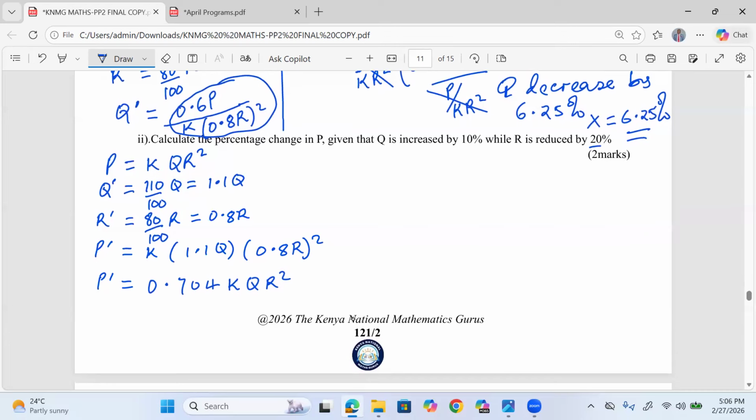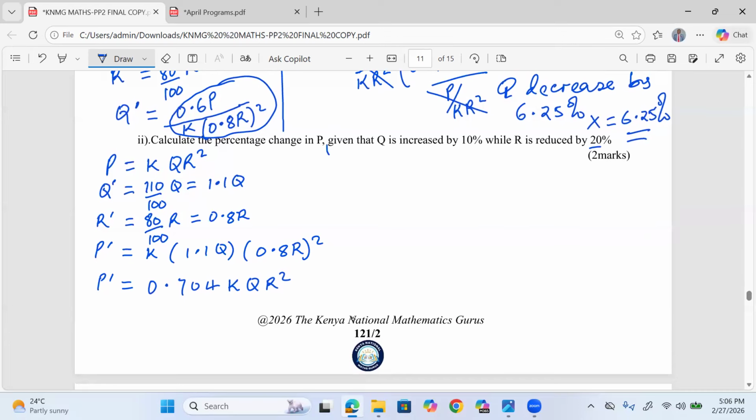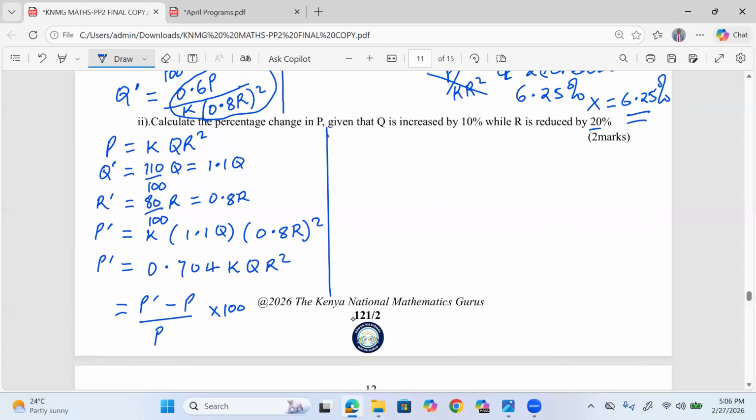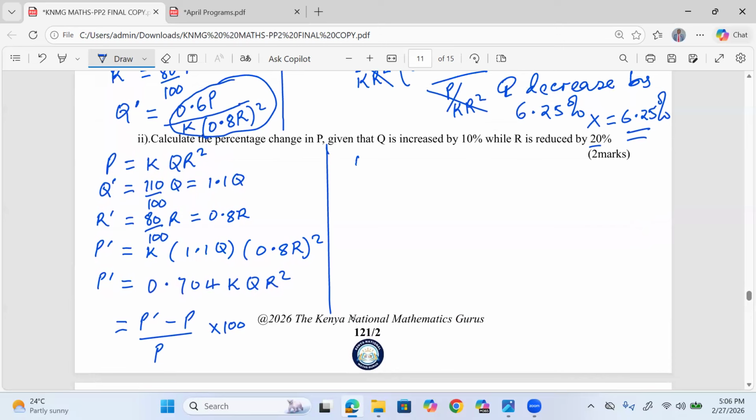Can we now talk about percentage change in P? The percentage change in P will require the new P minus original P out of original P, then we express as a percentage. So with that now, we will talk about 0.704 K Q R squared minus the original K Q R squared out of the original K Q R squared.